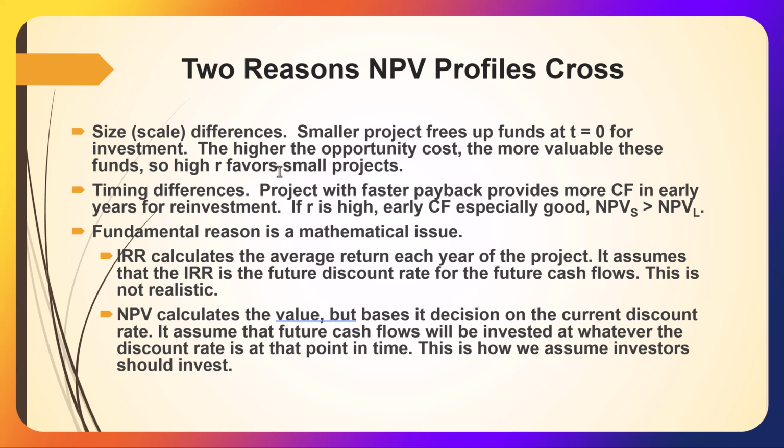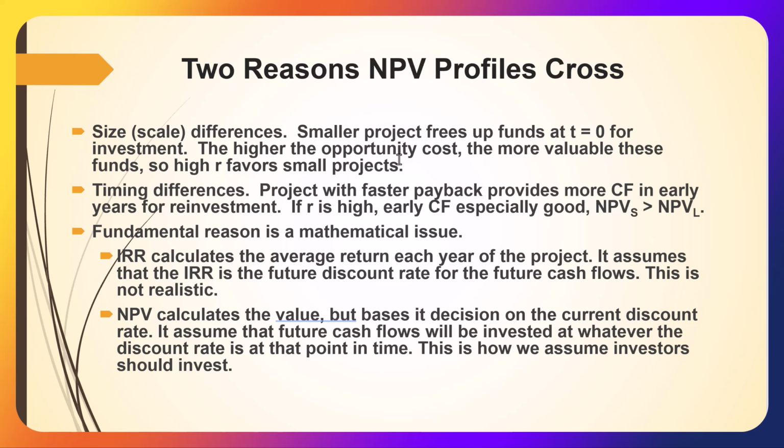There are several reasons why net present value profiles conflict with each other. Two of them are structural. Different size companies, different size projects will create different relationships. They change the slope of the line, if you will.